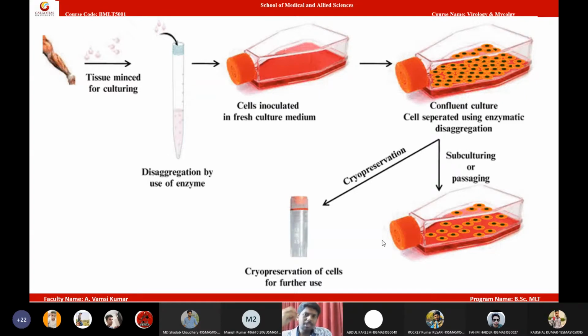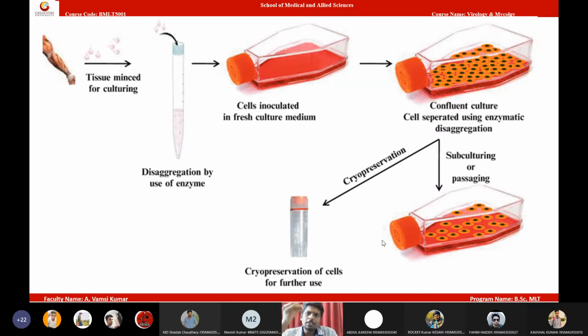And even after spending 1 lakh, these cells will stay only for 1 week. After 1 week, they will die. No matter how many nutrients you give, the cells will die because they undergo natural programmed cell death. They go through apoptosis and die. So there are many challenges in maintaining tissue cultures like this.